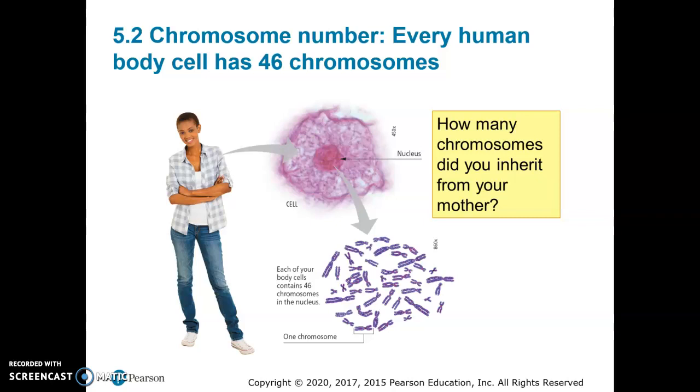The number ordering goes from longest all the way down to the shortest of these chromosomes. Our sex chromosomes kind of are not included in all of that, because if you are a female, you have 2 X chromosomes, and X chromosomes are fairly large. If you are male, you have an X and a Y, and the Y chromosome is fairly small.